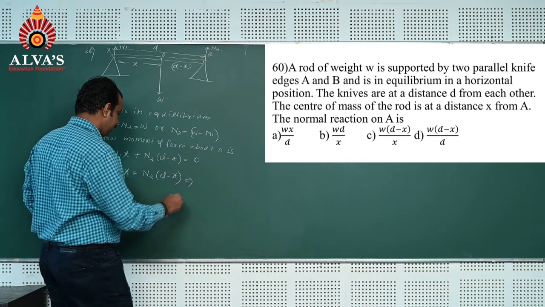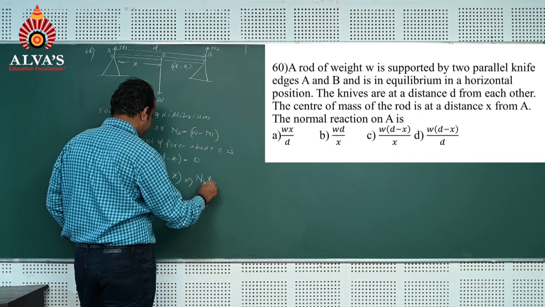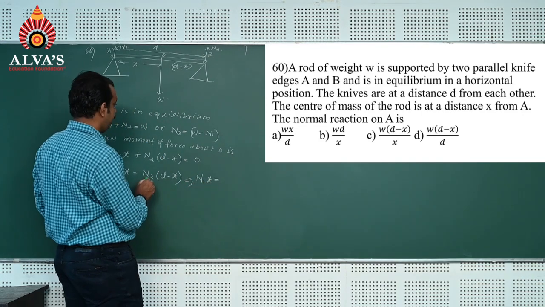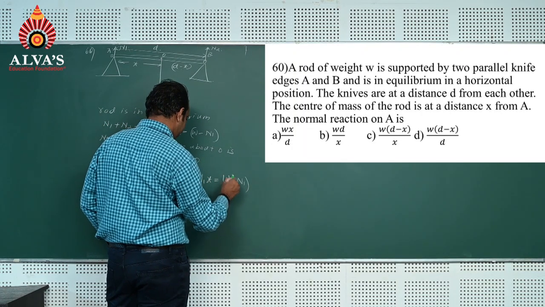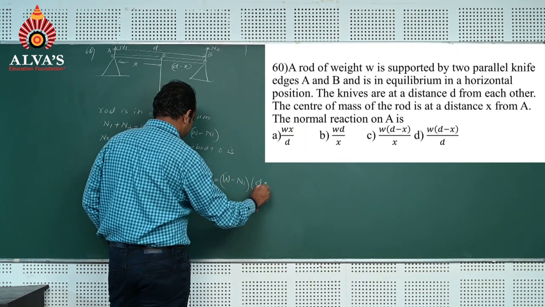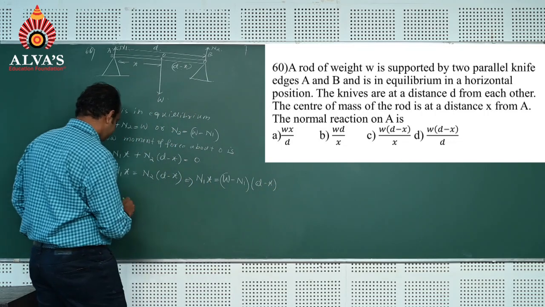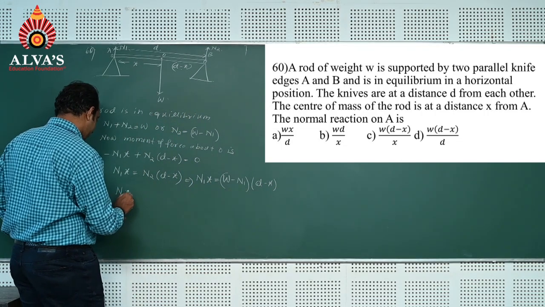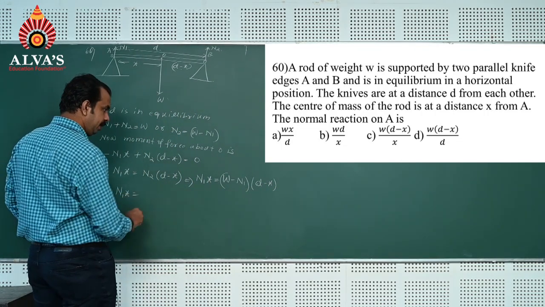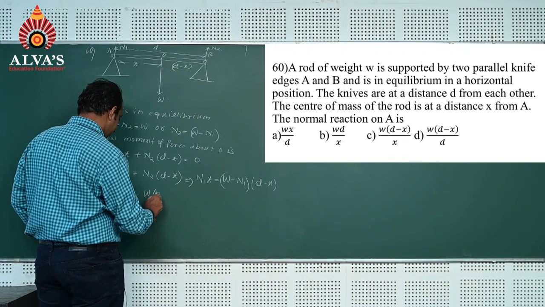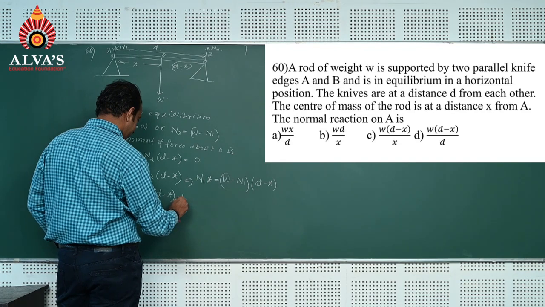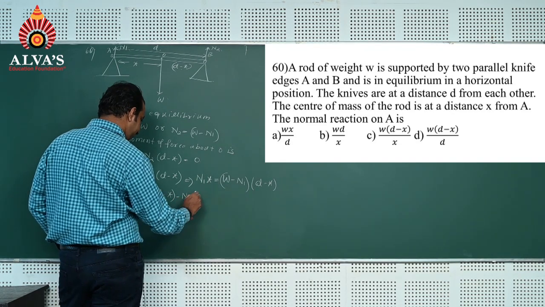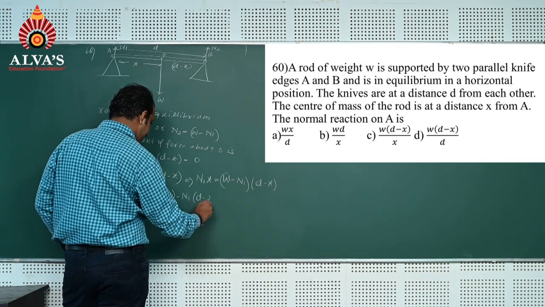That implies N1x is equal to, N2 can be replaced by W minus N1, into d minus x. That is N1x is equal to W into d minus x minus N1 into d minus x.